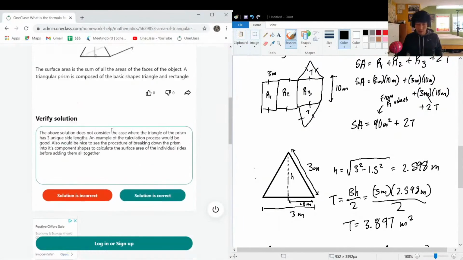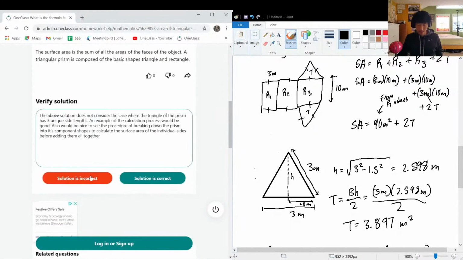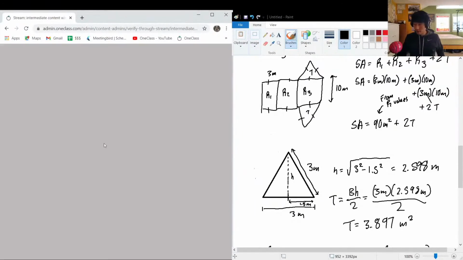Okay, cool. Not sure if I'm too comfortable with this solution. I'll leave it at that.